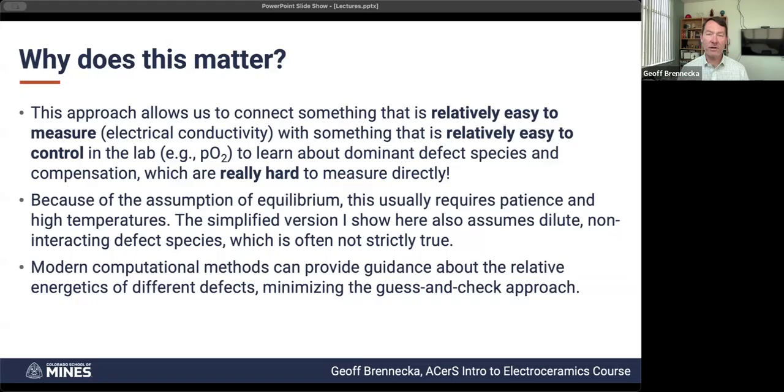We can do a quick electrical measurement after we've run through these different scenarios of what the defects in the sample might be, and say, in this regime, oxygen vacancies are going to be dominant, and I should be able to measure that by looking at electrical conductivity. It's just one example. But those are the reasons, those indirect connections, to be able to get at things that are really hard to measure themselves by using a proxy that we can connect to make something that's a bit easier to measure.